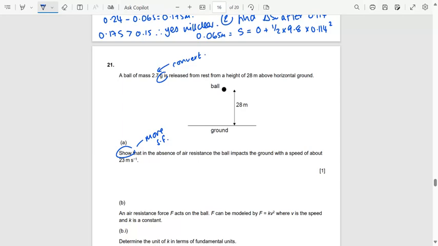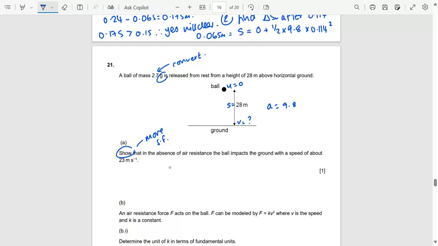So we're trying to find V. We know that at the top it's at rest. We know the distance fallen is 28, and we're trying to find v. We don't know the time, but we do know acceleration due to gravity is 9.8, and there is no air resistance, so there is no change to that value.